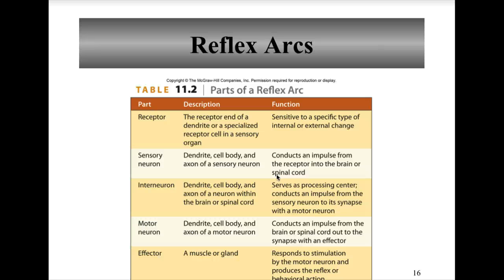And then the integration center consists of one to several synapses in the central nervous system. From there, a motor neuron conducts the efferent impulse, which is the motor impulse, from the central nervous system to the effector. And remember that the effector is a muscle fiber or gland that is going to respond to that motor impulse by contracting a muscle.